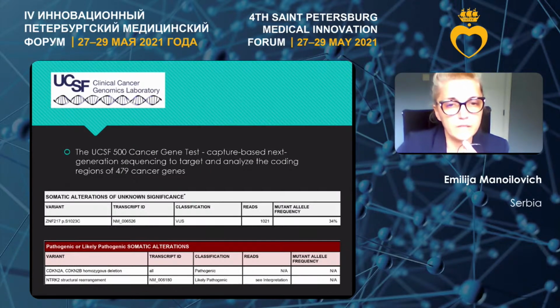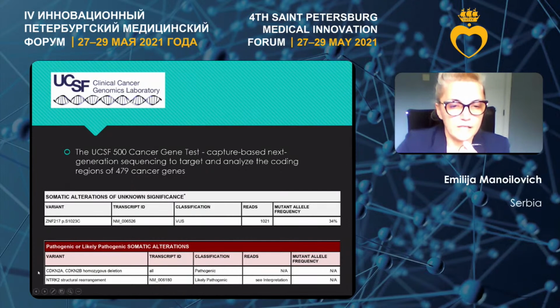And that's why we couldn't know the significance of this mutation, and that's why it is a somatic alteration of unknown significance. On the other hand, two other mutations were discovered, and both of them were advocating glial origin of this tumor, but in two different ways.